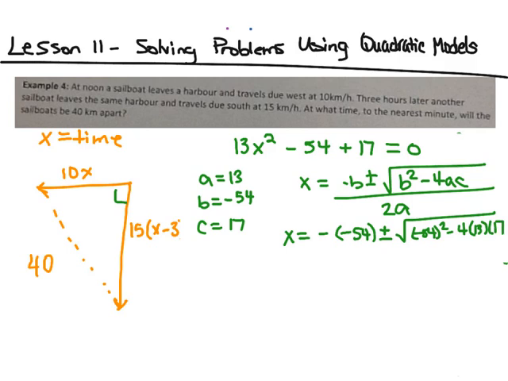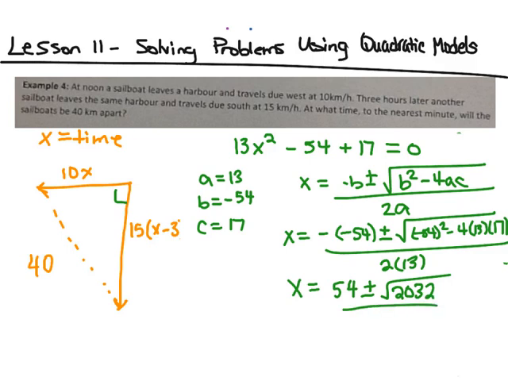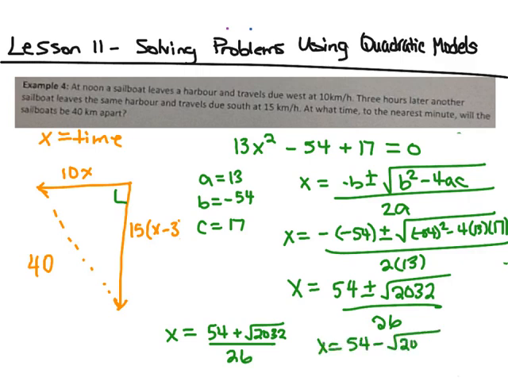Always remember, if it's a negative b, to put it in brackets so that you change it to a positive. So x is equal to 54 plus or minus, simplify the radicand, and you should get the square root of 2032, divided by 26. So x is either equal to 54 plus the root of 2032 over 26, or x is equal to 54 minus the square root of 2032 divided by 26.